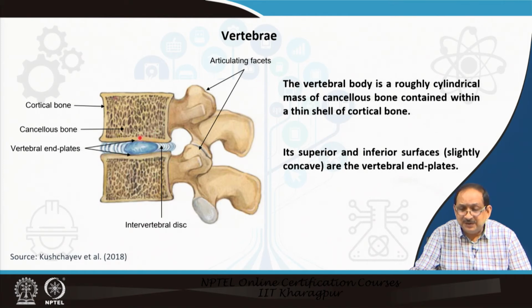It has an inferior surface and a superior surface which are slightly concave in shape, and they are known as vertebral end plates. Between these 2 vertebrae, there is the intervertebral disc, and we have the articulating facets that form the facet joints.